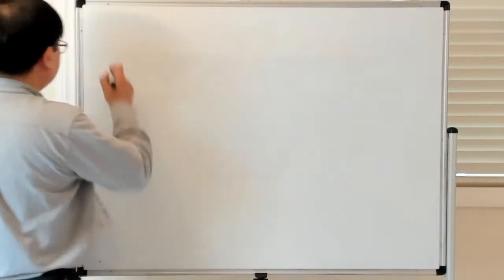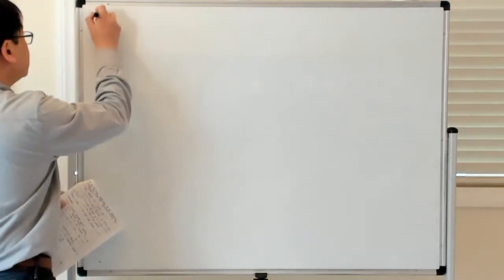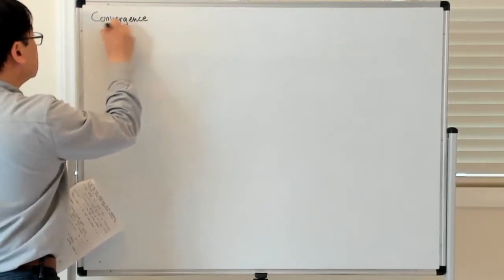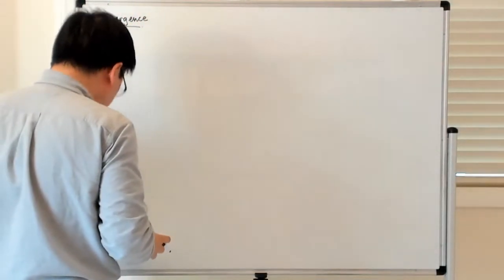Okay, so now that we've proved the discrete Gronwall lemma, we're in a position to talk about convergence. The basic idea behind convergence is the following.